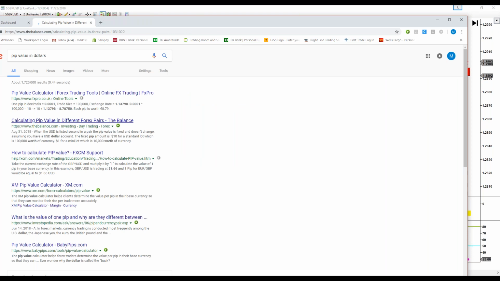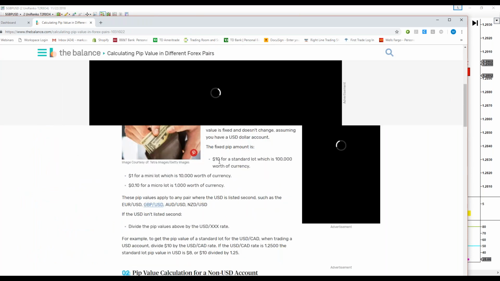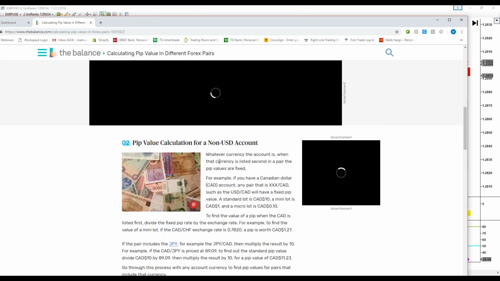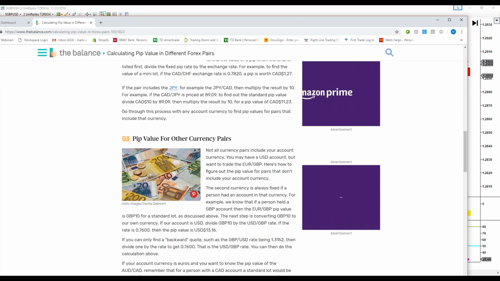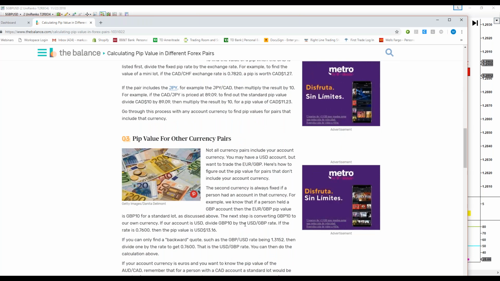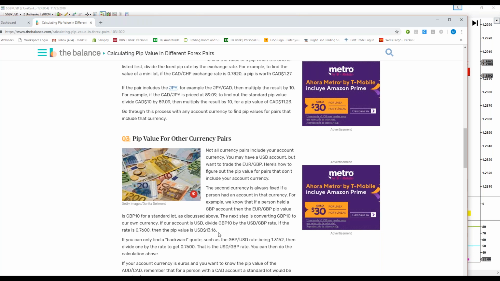Just calculating pip values. See the pip value of the US GBP. If the pip rate is 0.76, the pip value is $13.16.